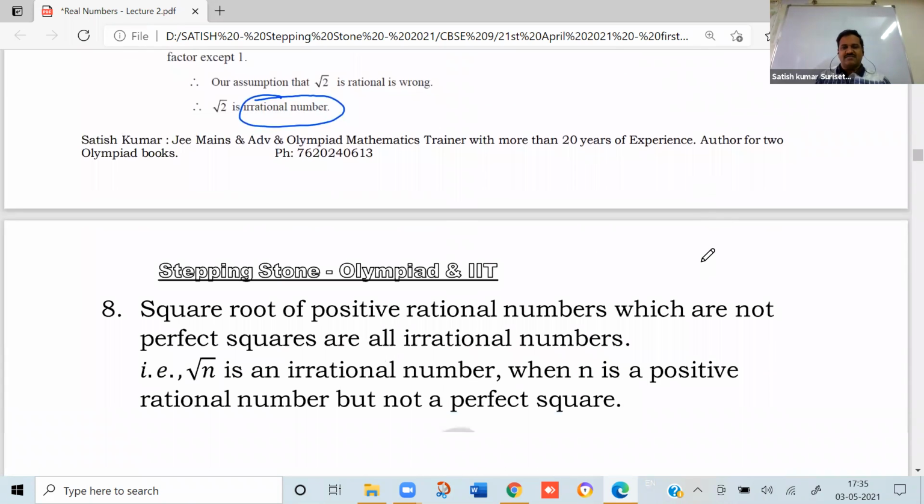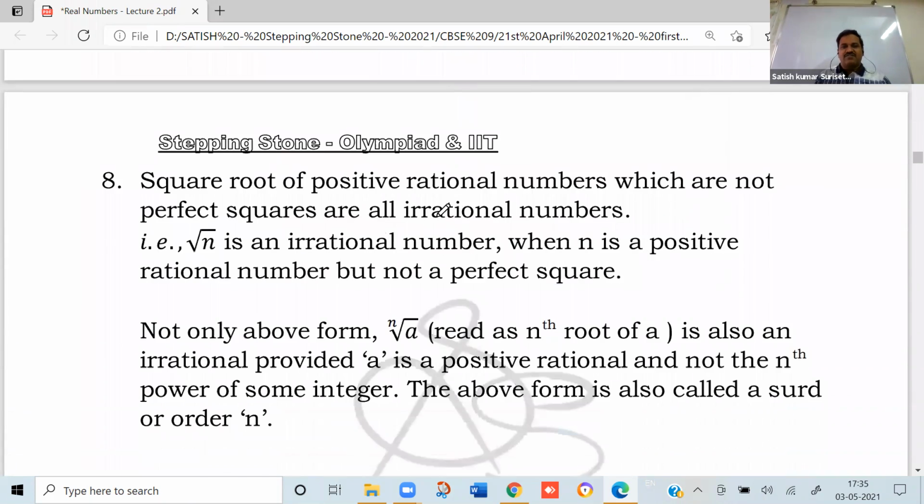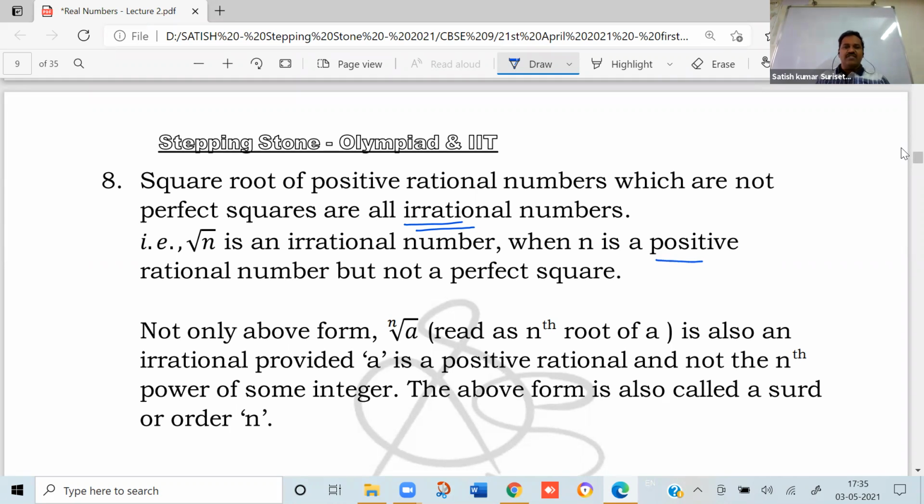Now, square roots of positive rational numbers which are not perfect squares are all irrational numbers. That is, square root of n is an irrational number where n is a positive rational number but not a perfect square. So if n is not a perfect square, then square root of n will be an irrational number.